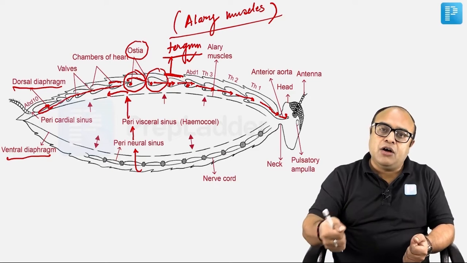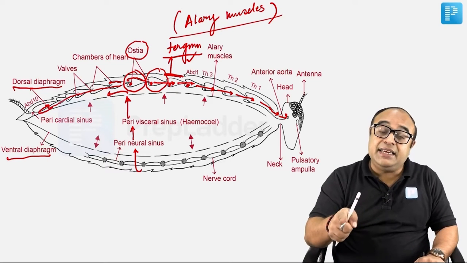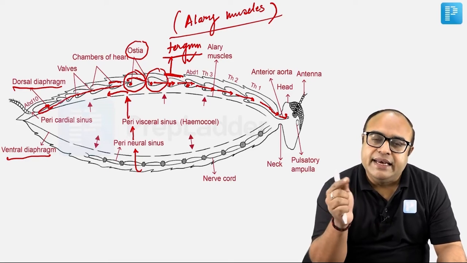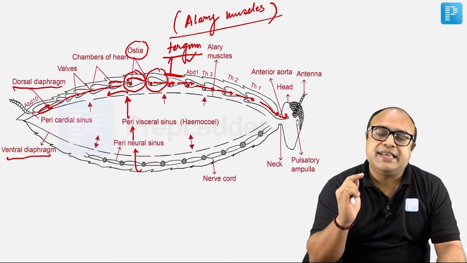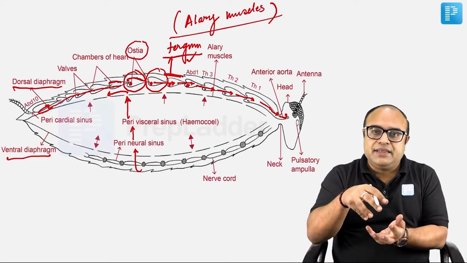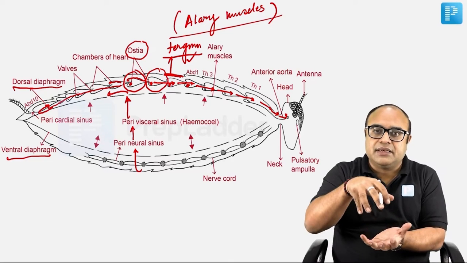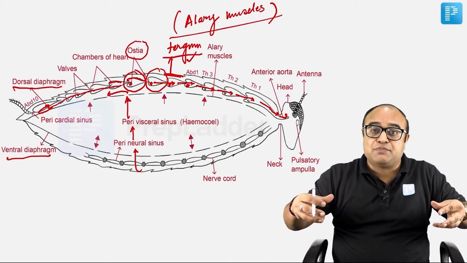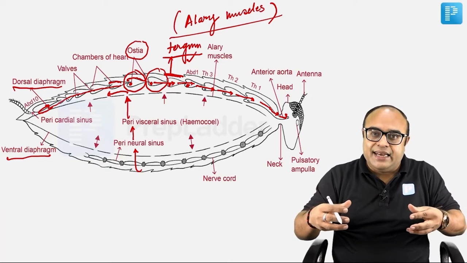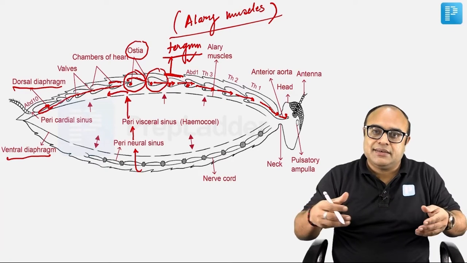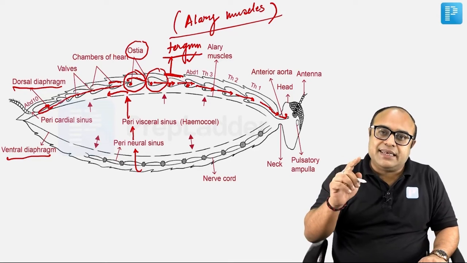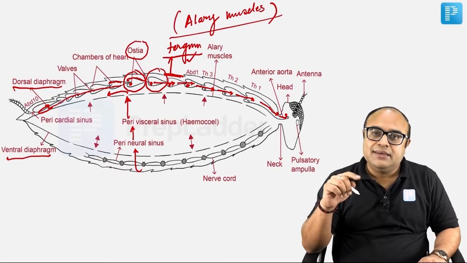So along with the alary muscles, the tergosternal muscles are also helping in circulation. Actually what happens, I tell you, when the sternotergal muscles dilate the body, these alary muscles expand or dilate the heart chambers, because try to remember the attachment of the sternotergal muscle.